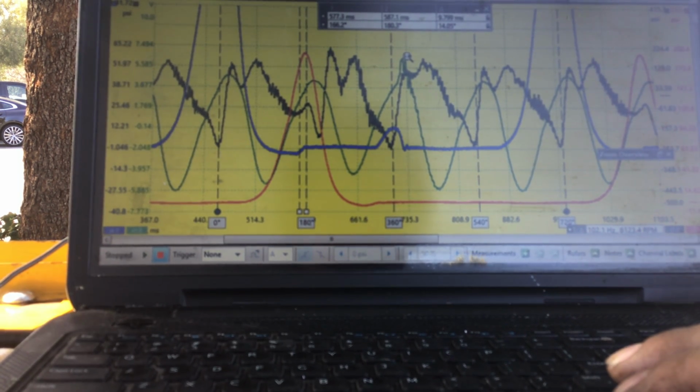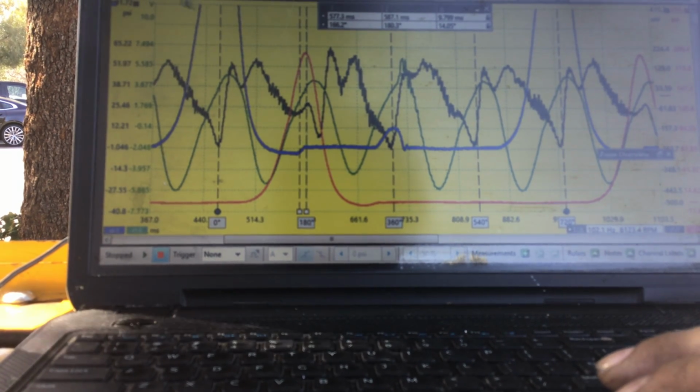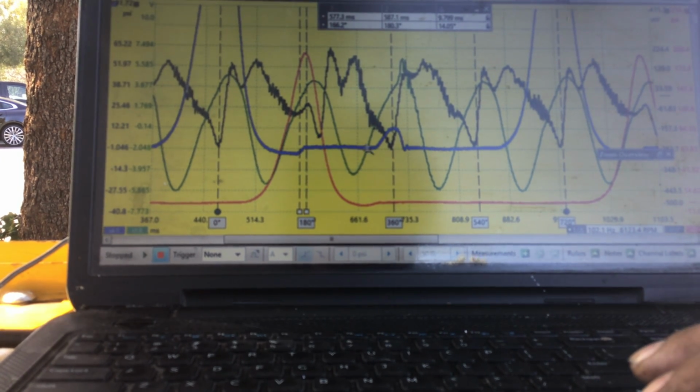We're high here, and the reason we're high here is that there was a lot of pressure in the cylinder when the intake valve opened, because the exhaust valve's early closing created the pressure. That would explain our elevated peak right here. We're higher than normal. That's definitely an anomaly. Okay, that is a direct result of the exhaust valve closing early.